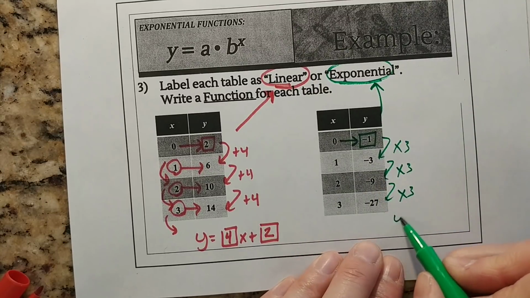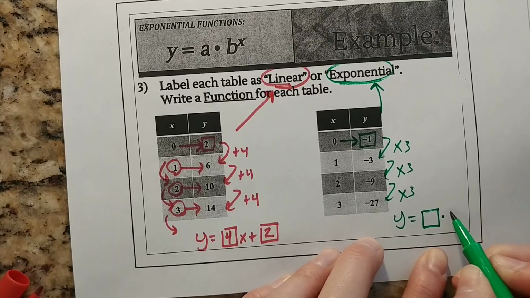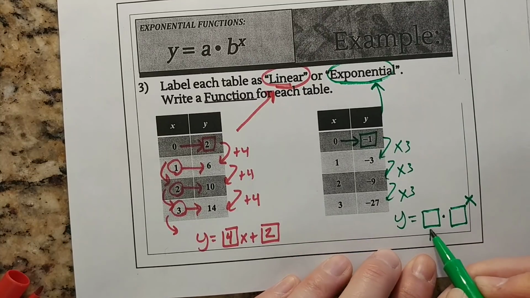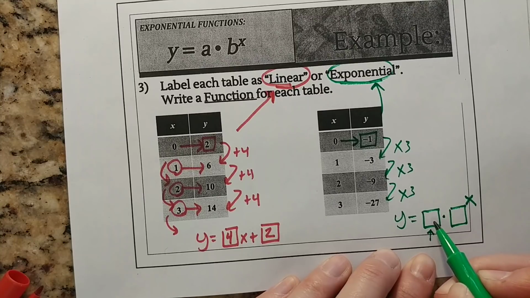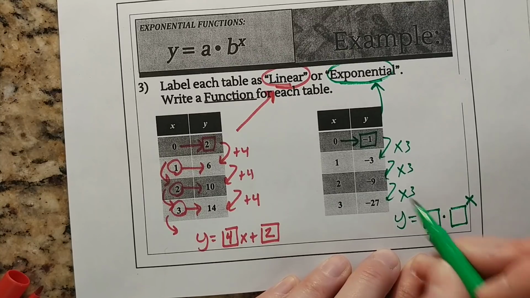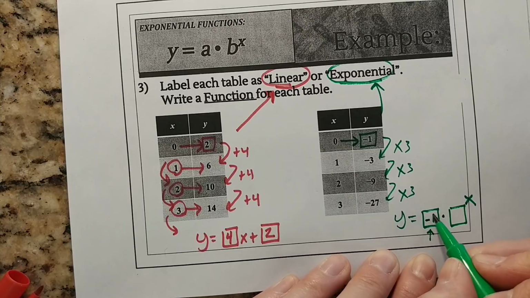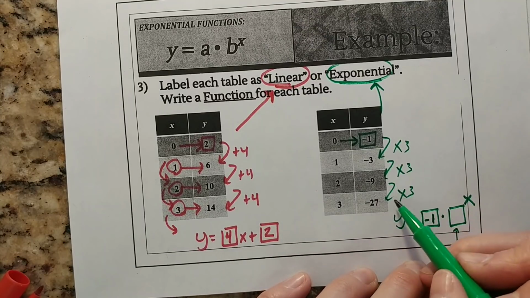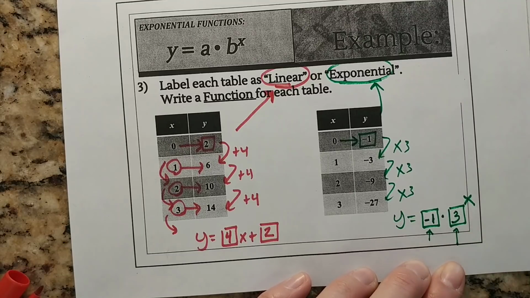Let's write the function rule. a times b to the power of x. Remember that the a, this first number, is where the function starts, the y-intercept, which is negative 1. And the second number is the factor of change, the constant multiplication, which is times 3. So this is the exponential function for the table.